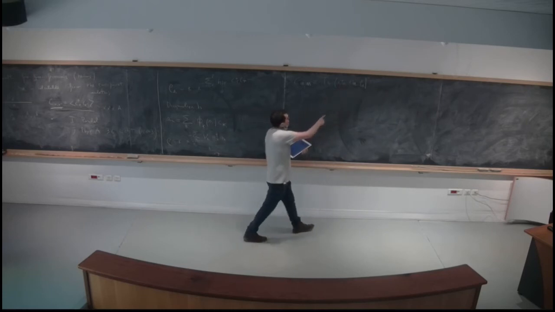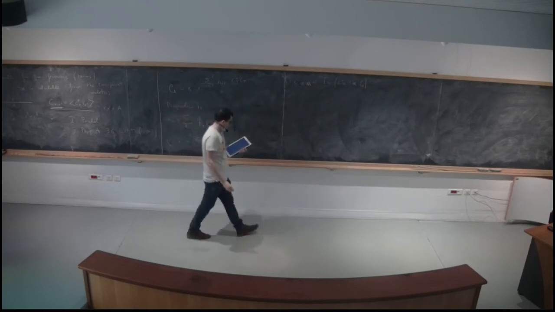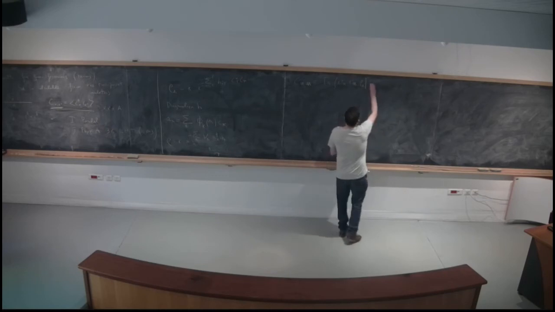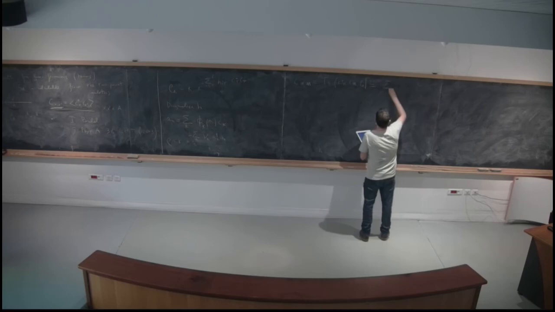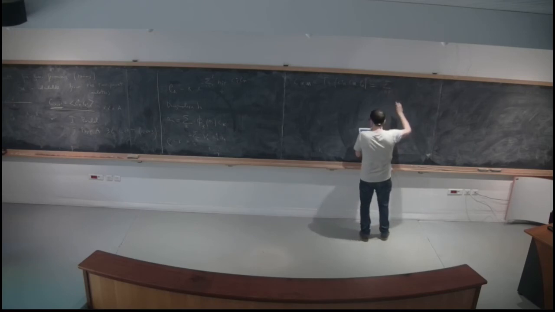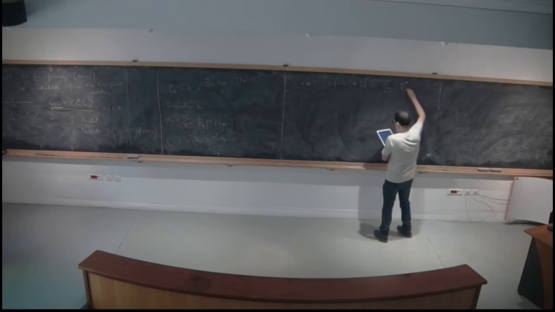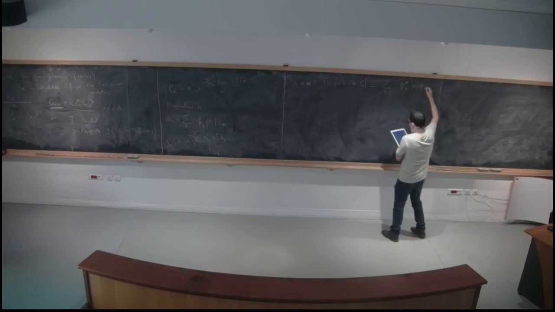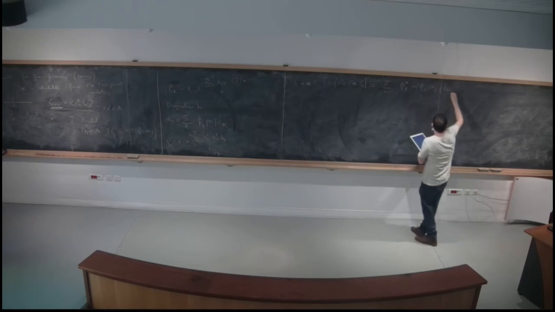You expand this c in terms of these a's, and if you do a little algebra, you get this expression: phi star k n, phi k' m, then you trace.